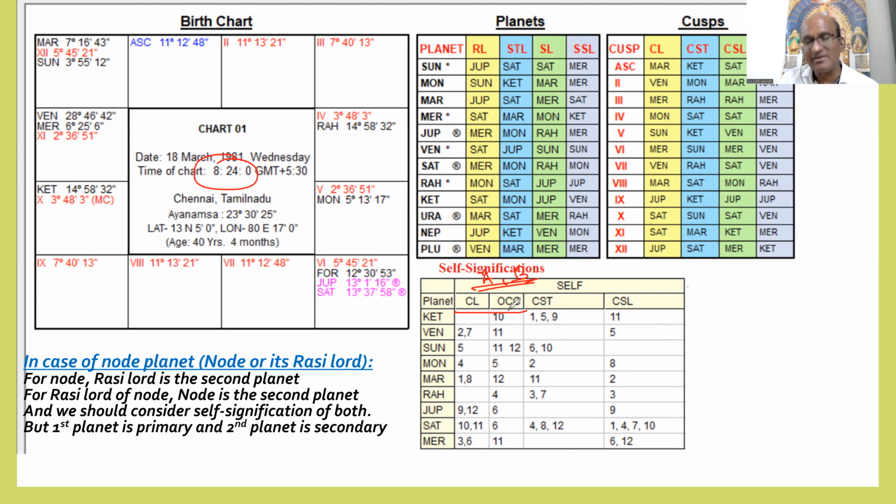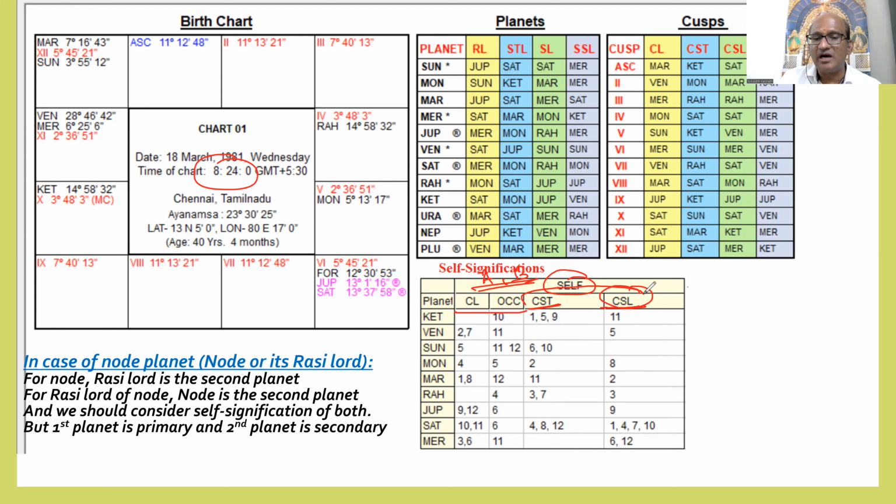But just imagine there is no change in the occupation of planets for both persons A and B, and you can see what is going to differ: the CST signification and CSL signification, especially this one will vary.